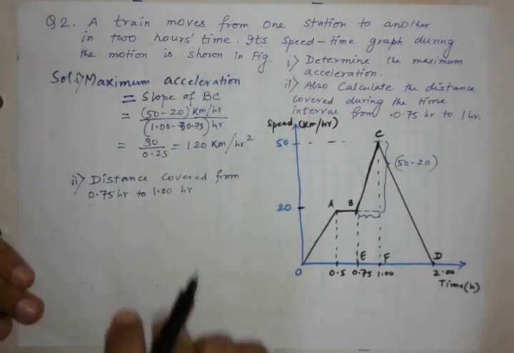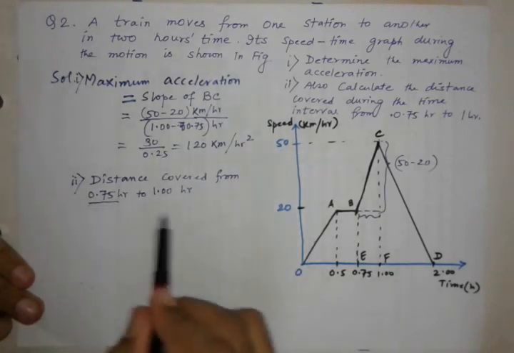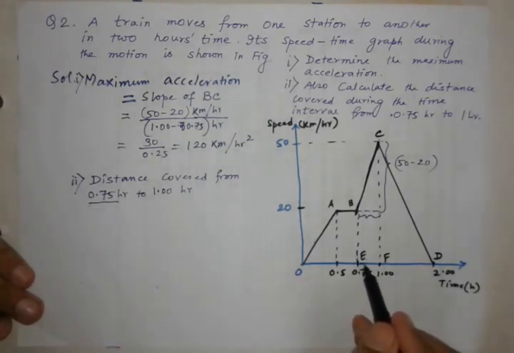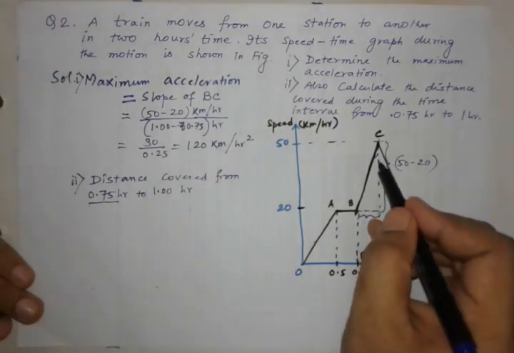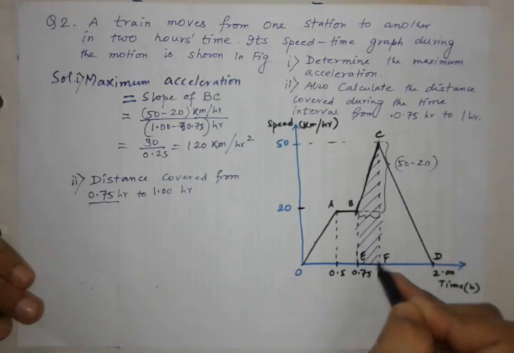So you have to find out the area. So first you find out which one is the distance. 0.75 to 1, 0.75 to 1 means this. So you have to find out the area under this graph. Under this graph only. This one only.